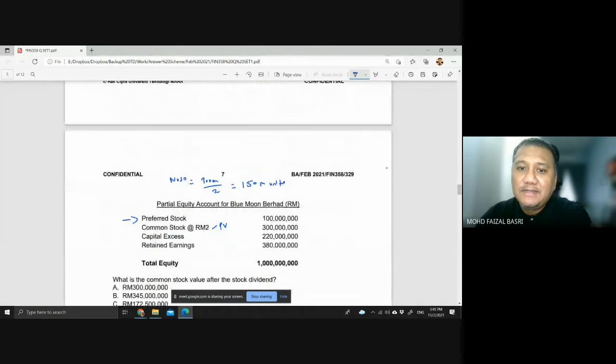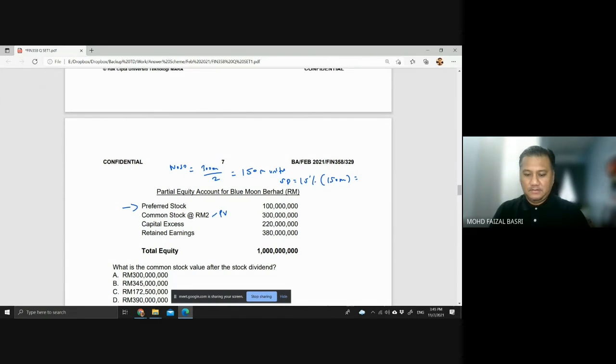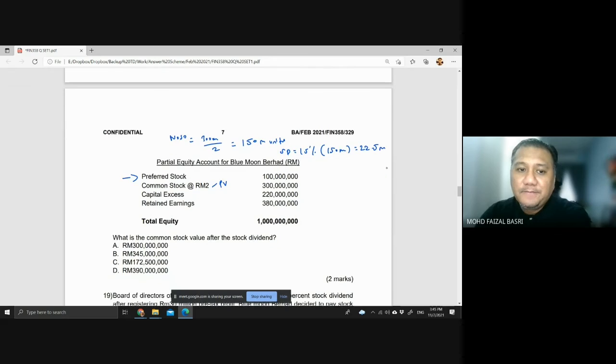Okay, 15%. So stock dividend dia 15% taruh dengan 150 million. So akan ada additional 22.5 million. Okay, so this is new additional shares yang dia akan issue lah, 22.5 million units.